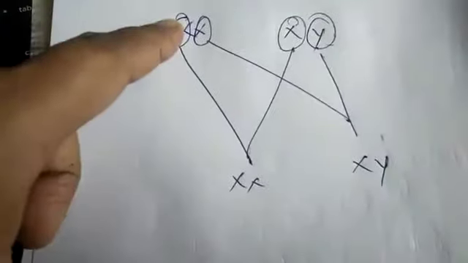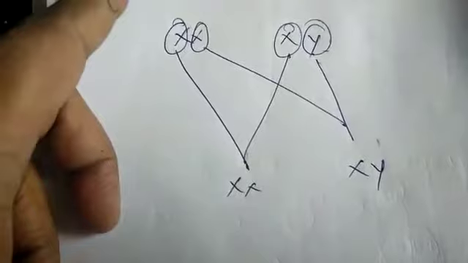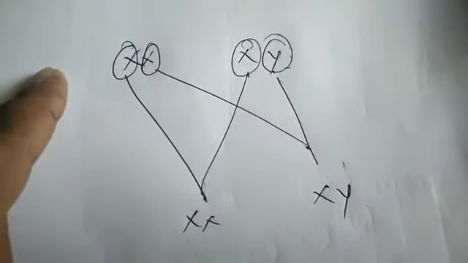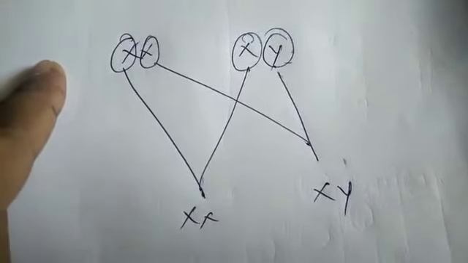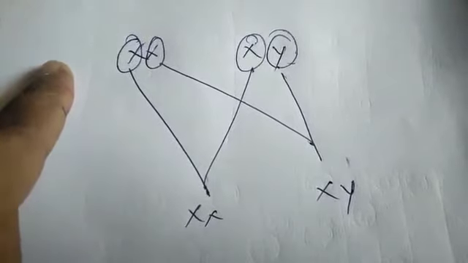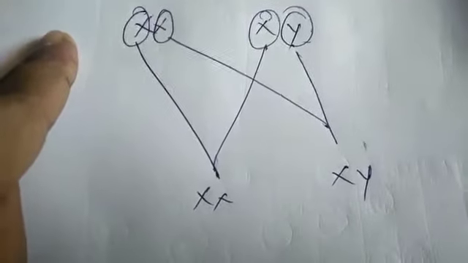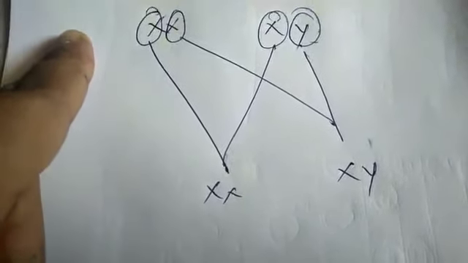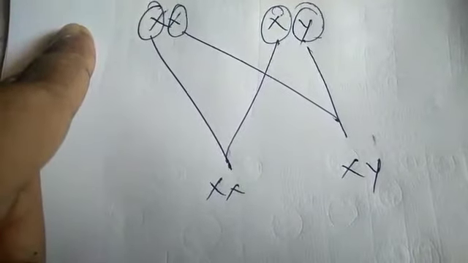It's very simple. There is a 50% chance, because the sperms present in the male are 50% X and 50% Y. It depends on which type of sperm has fertilized the ovum.